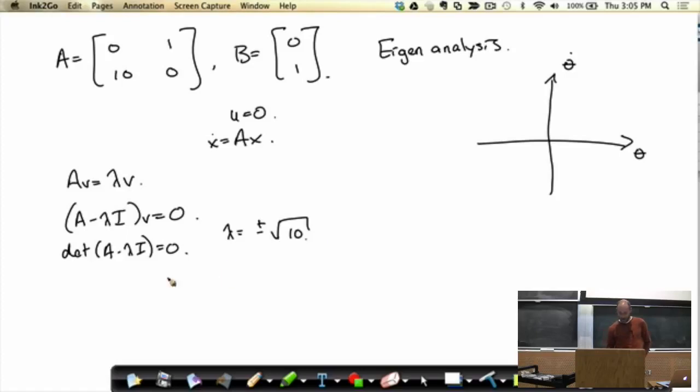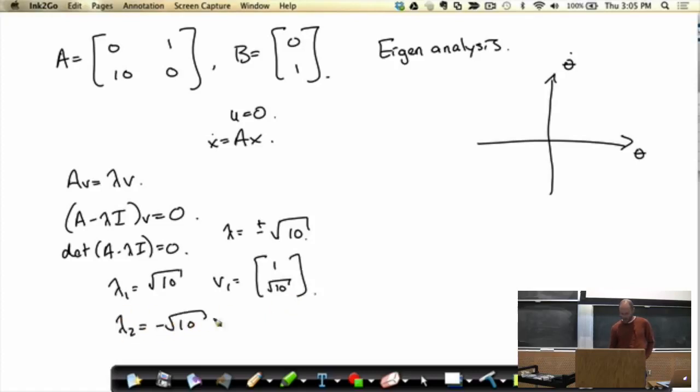And the corresponding eigenvectors: if lambda 1 is square root of 10, then v1 is given, and lambda 2 being negative square root of 10, I get v2 is negative 1, square root of 10. Okay, those are the eigenvector and eigenvalue pairs for this matrix A, which you can get by just calling eig in MATLAB if you prefer.